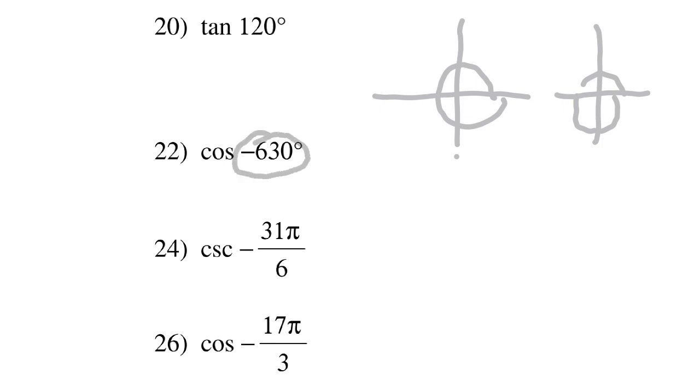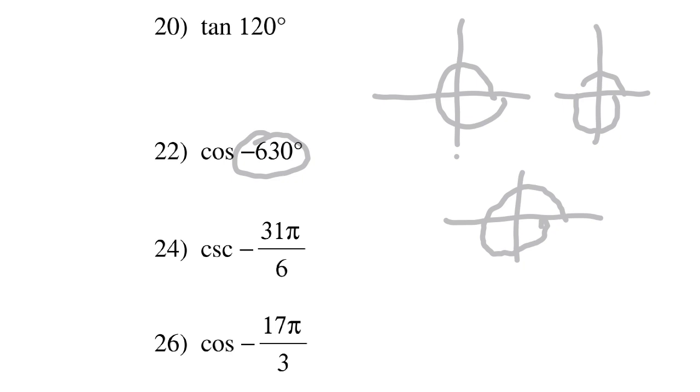Well, there's a couple ways you could do this. You could think about this in a bunch of different ways. If you remember coterminal angles from class, you could get a coterminal angle from this. And then we'll try to do this thinking about rotations, okay? So if I'm on the unit circle and I'm standing here, right here, and I rotate negative 1 rotation, well, that's negative 360, okay?